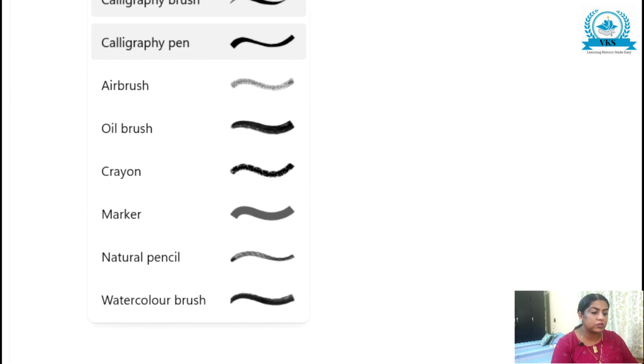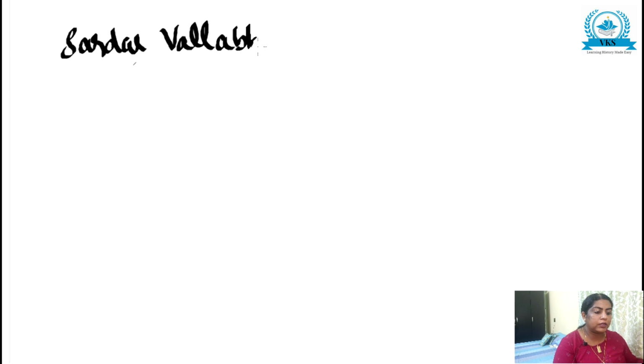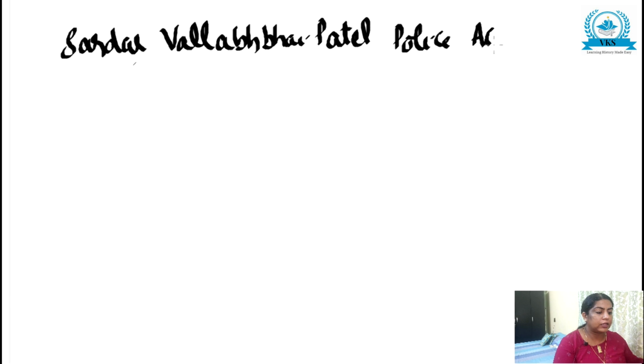Now there is one more training academy, which is for IPS officers, that is the Sardar Vallabhbhai Patel Police Academy.